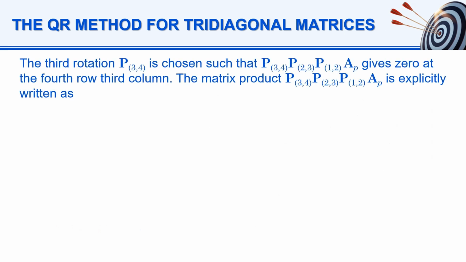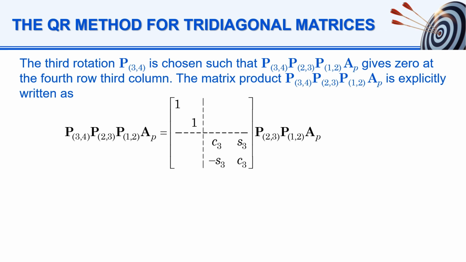The third rotation matrix P34 is chosen such that the matrix product P34, P23, P12, AP gives 0 at the fourth row, third column. The matrix product P34, P23, P12, AP is explicitly written as follows.